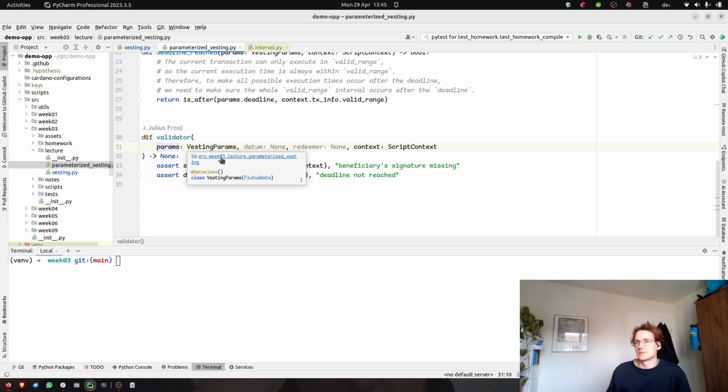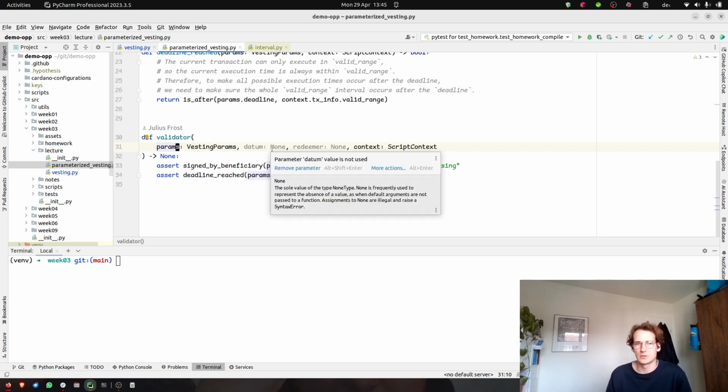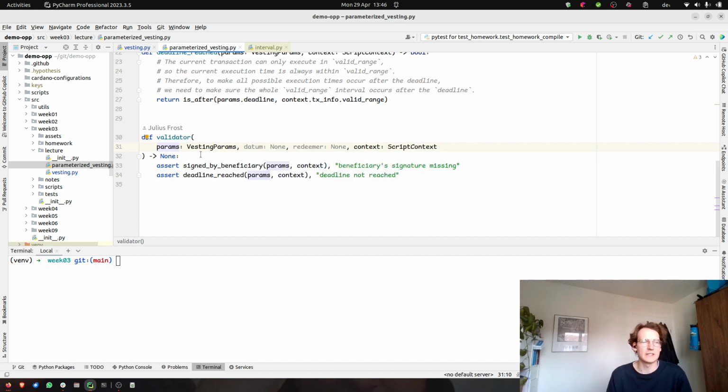So why would you want to do this versus having it specified in the datum? One thing is that if you provide a parameter at compile time, necessarily the hash of your contract will change, because during compilation you provided extra data and the contract looks different. This will necessarily lead to a new address or policy ID of your contract, and thus it will not be so easy to discover your contract.